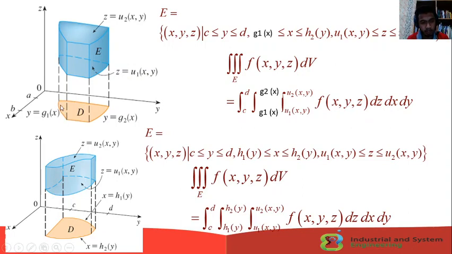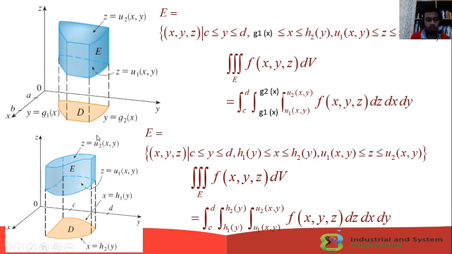The y here should be a function of x, so y is from g1(x) to g2(x). And x should be constant, from a until b. So we have this region: z is from the function u1(x,y) to u2(x,y), and y, this is the correction, y is from g1(x) to g2(x), and also x is from a until b.